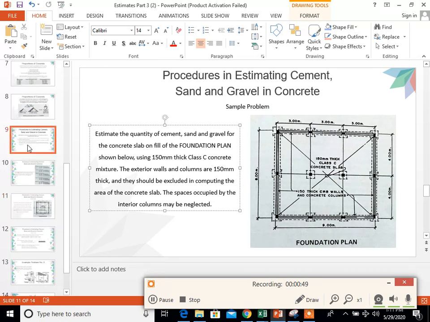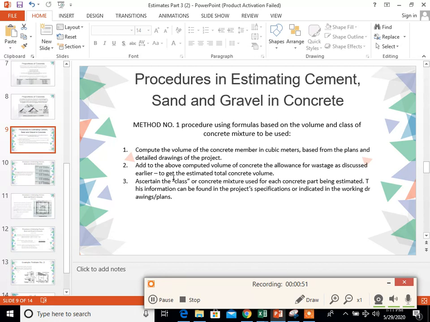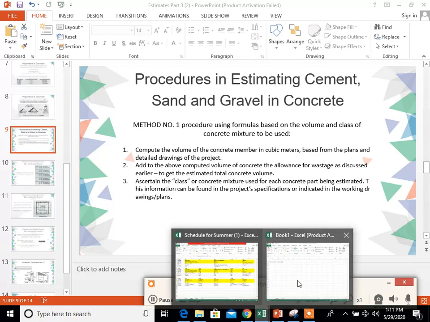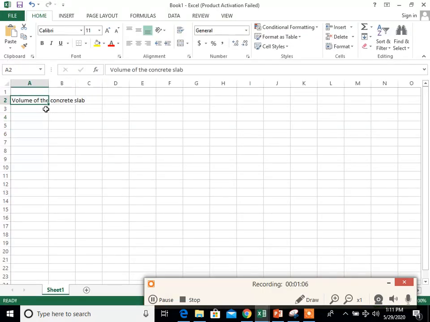For the procedures in method number 1, compute the volume of the concrete member in cubic meters based on the plans and detailed drawings of the project. So it means we need to determine the volume of the concrete slab. I will use Excel in estimating the required volume and bags for cement, sand, and gravel.